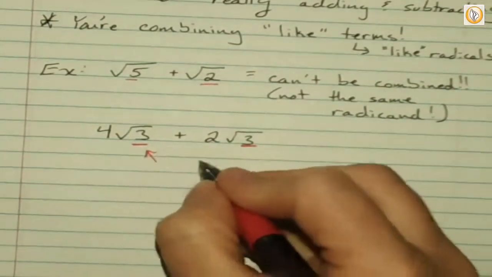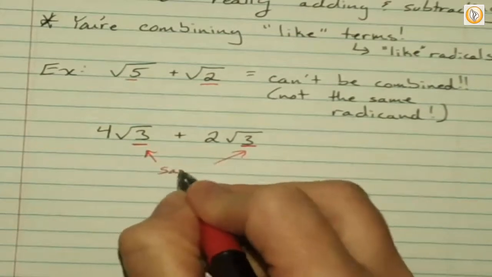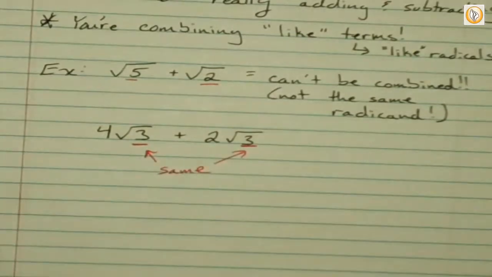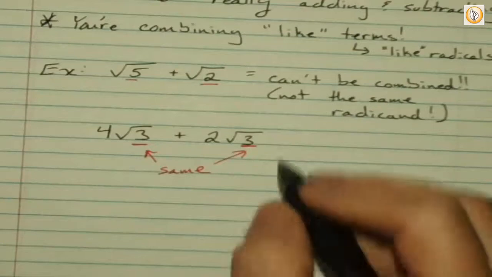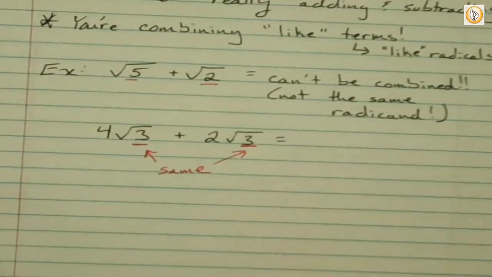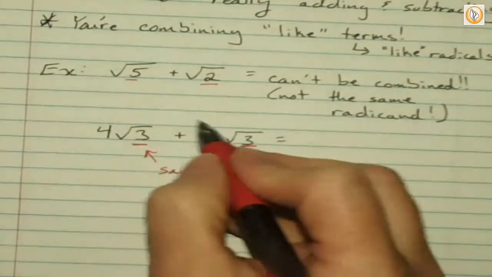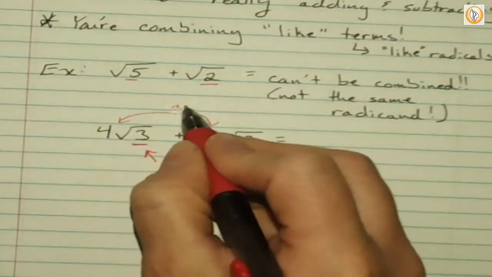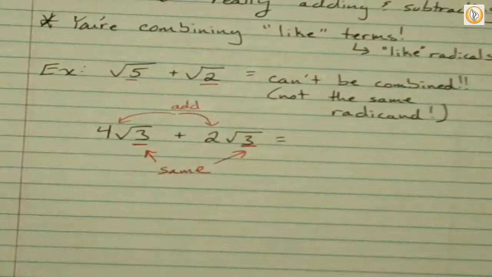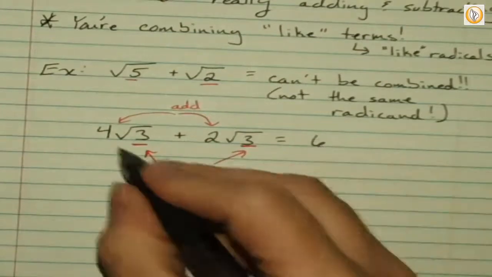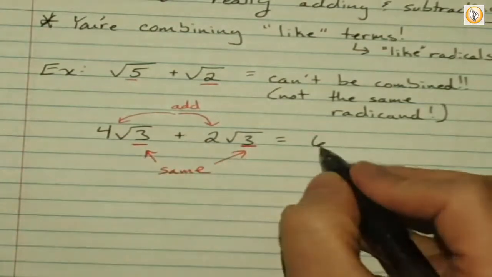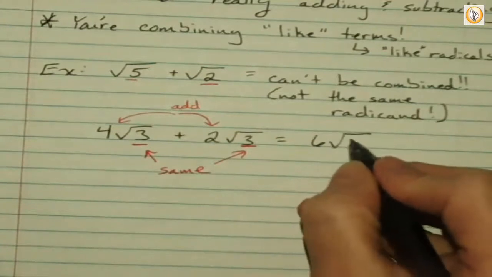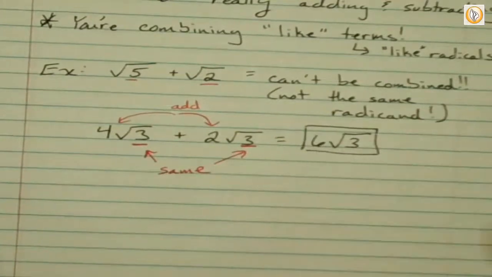Yes, good job. They have the same radicand, so all you're doing is adding the outside number. And you get 6, because 4 plus 2 is 6, and the radicand stays the same.